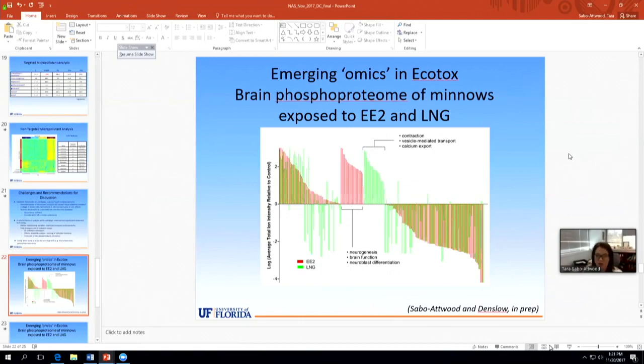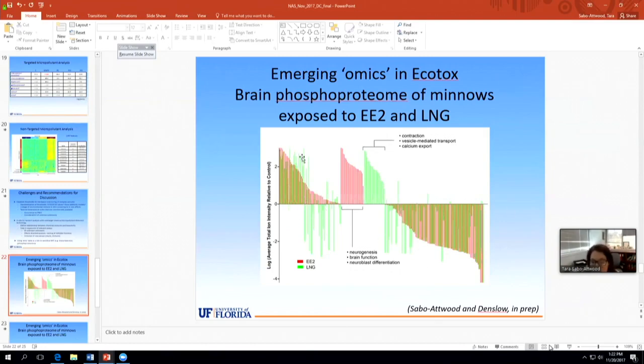And so just as proof of concept, this is the brain phosphoproteome of fathead minnows exposed to two hormonal agents, ethinyl estradiol and levonorgestrel, which are two components of the birth control pill. And this graph really just shows the different changes in phosphorylation sites specific to different proteins. EE2 is red and levonorgestrel is green.